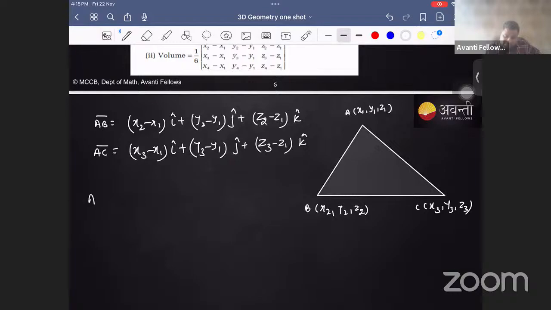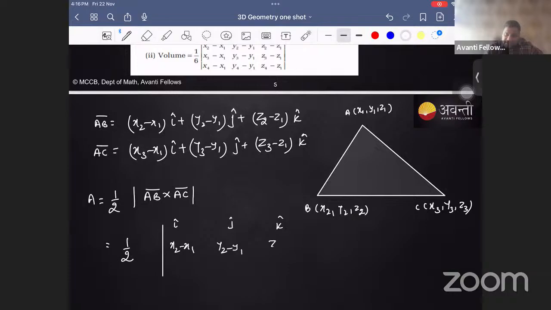So the area will be what? What I told you, half of the magnitude of AB cross AC. You remember that? So that is half of AB cross AC, the determinant with rows i cap, j cap, k cap; x2 minus x1, y2 minus y1, z2 minus z1; x3 minus x1, y3 minus y1, z3 minus z1, and then the mod of this.